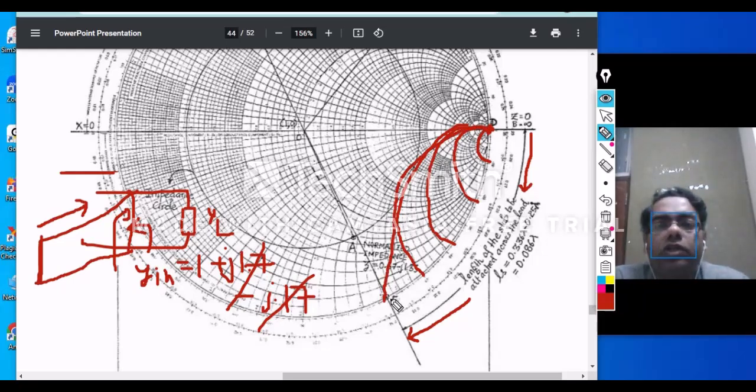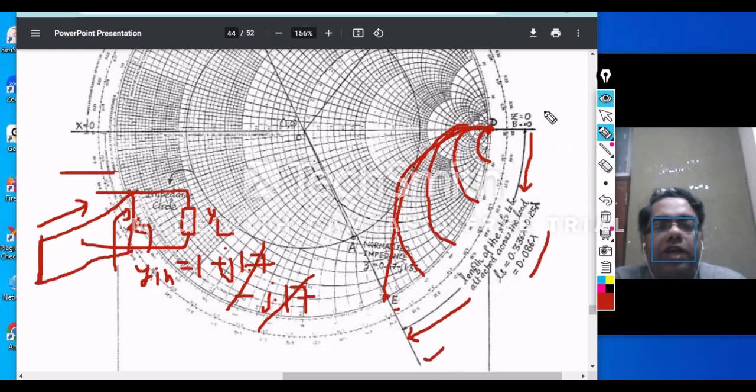At this point the susceptance is negative, because we are in this half, so the susceptance is minus 1.7. So at this point we will stop, point E. So D to E.